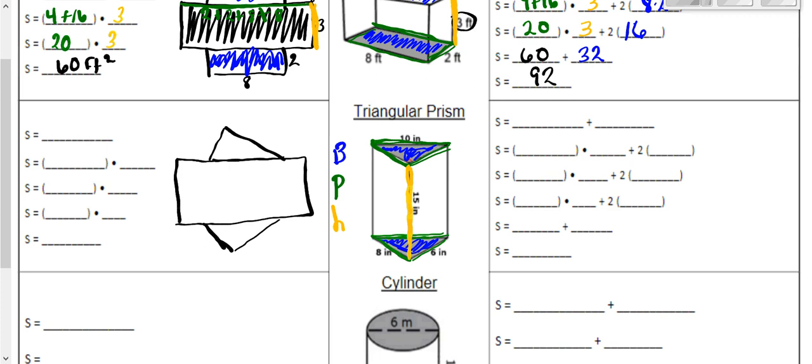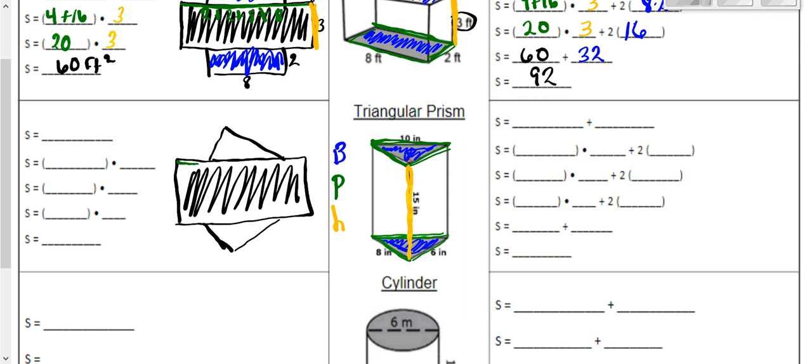I'll have two triangles on the outside. Okay, so to find our lateral surface area, we're finding our middle piece. So I know I need to multiply my length times my width, or my base times my height of that middle rectangle.